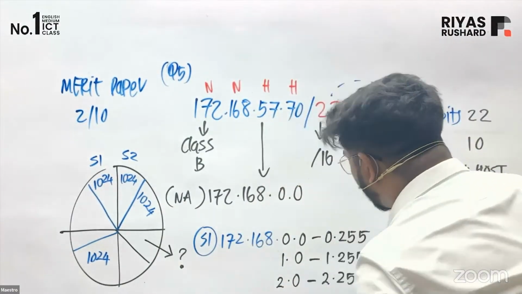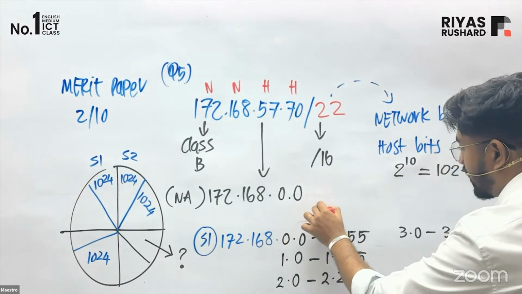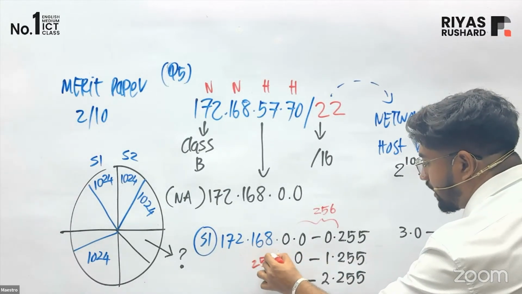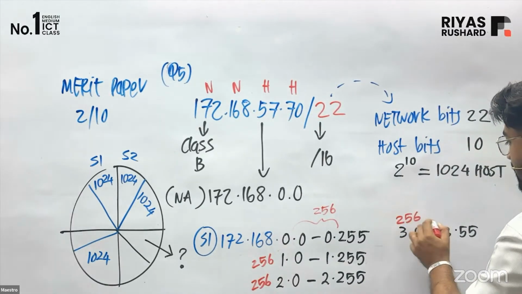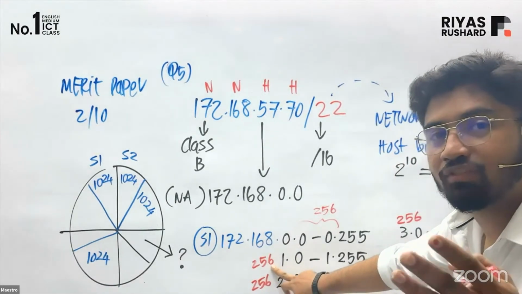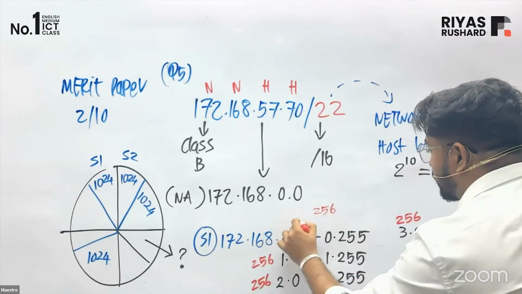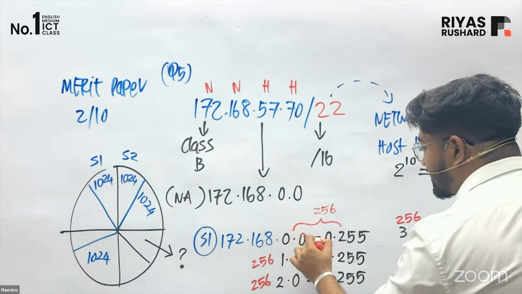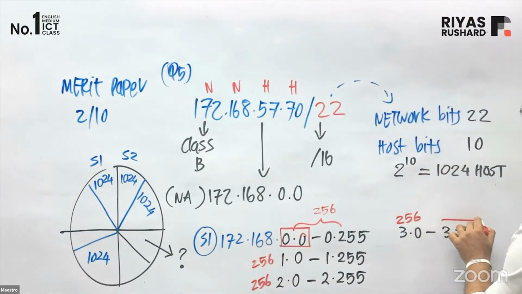If I keep counting like this, each range will give you 256 computers. 256 plus 256 is 512, 512 plus 512 is 1024. Which means you have to start this IP address with this and end with this.